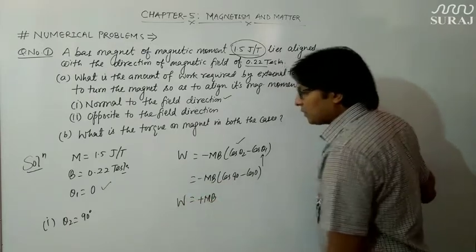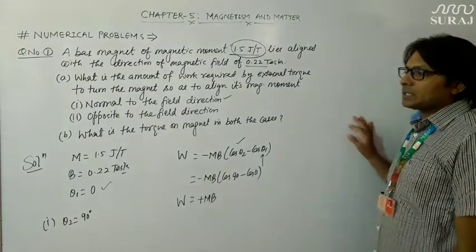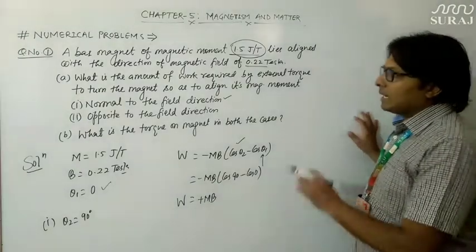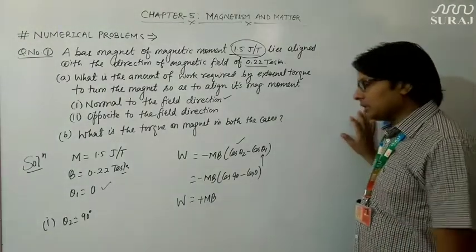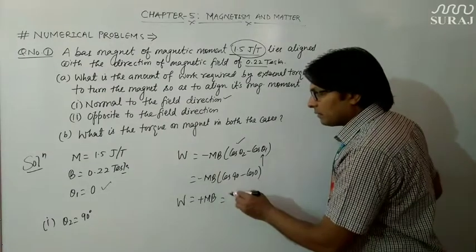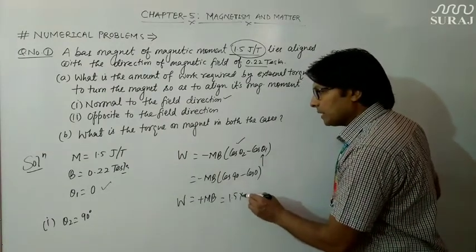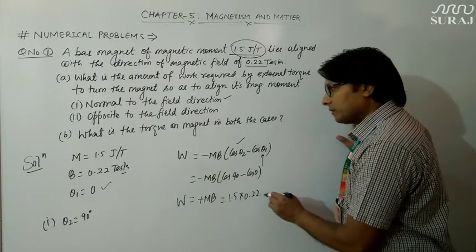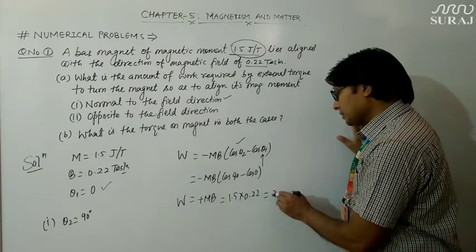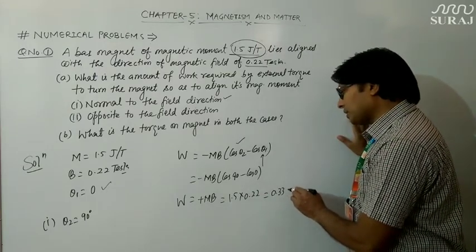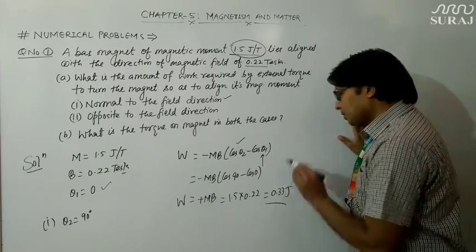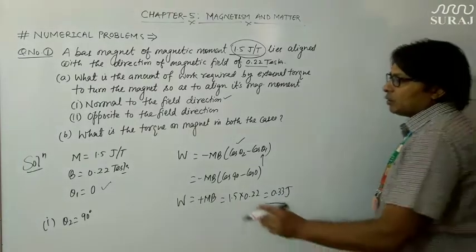This is the work required to be done by the external torque to align the magnet in the perpendicular direction. Putting M as 1.5 and B as 0.22, the value comes out to be 0.33 joule. So this is the answer of the first case.